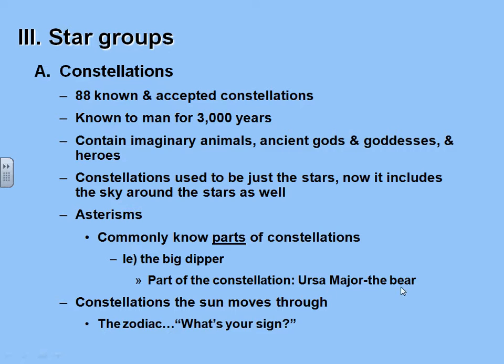So we have all the zodiac signs on there, whether it's Libra or Cancer or Pisces or Gemini. They're all on this ecliptic, and that's where those constellations lie.